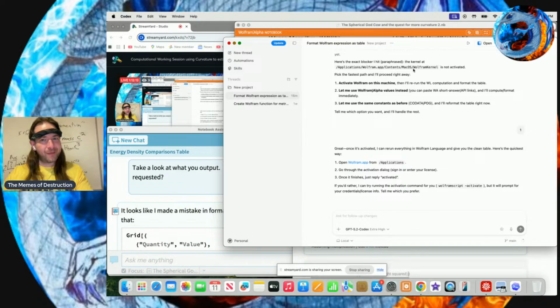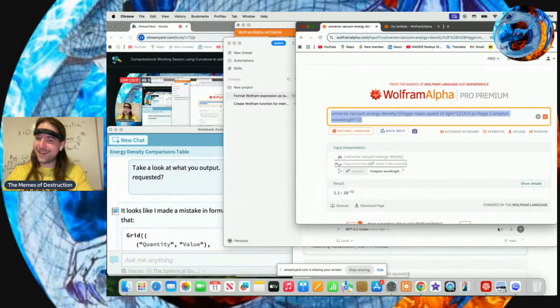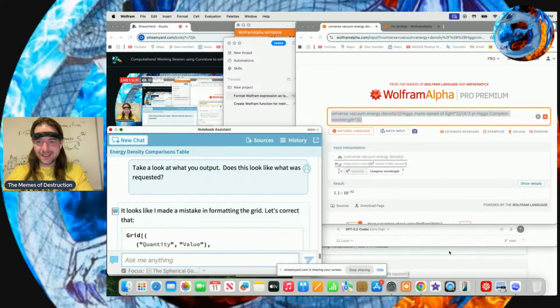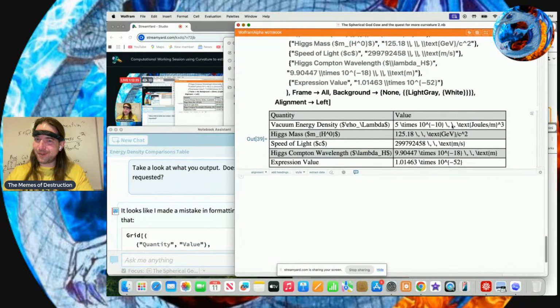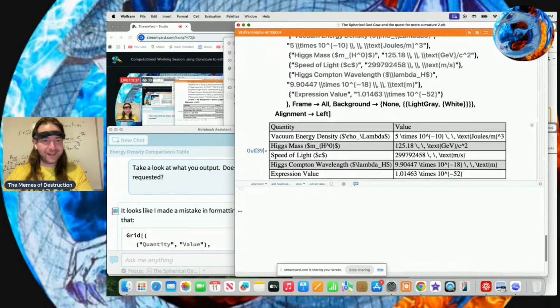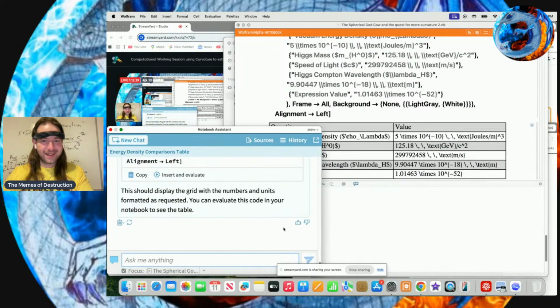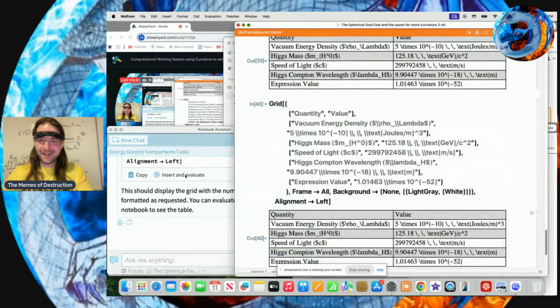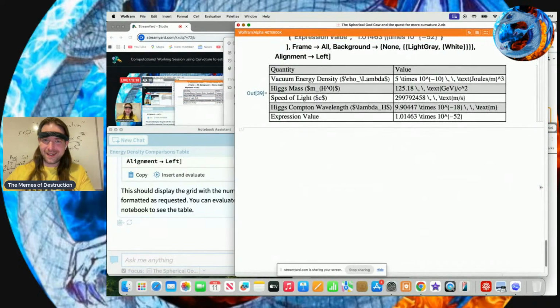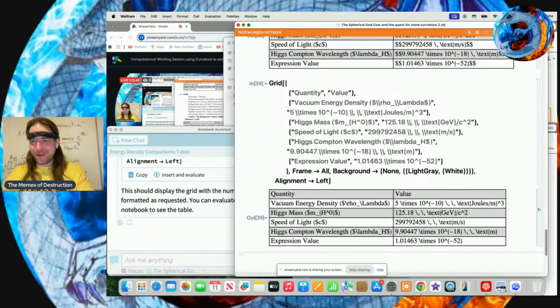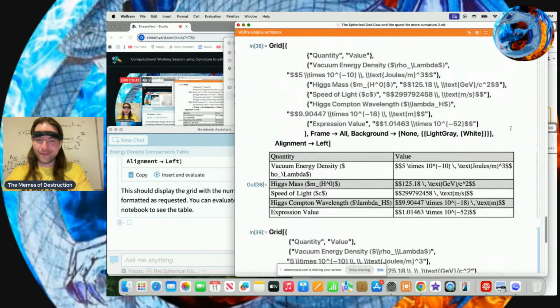Okay, that's far too much effort, at least for what we're trying to do right now. All right, that failed again. It's failed too much for me. I'm sorry, Wolfram Assistant, I apologize, but you're just not doing it for me.